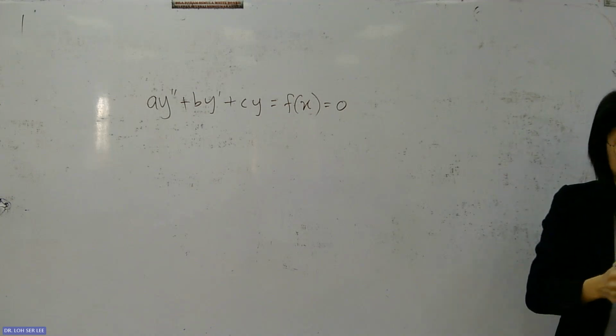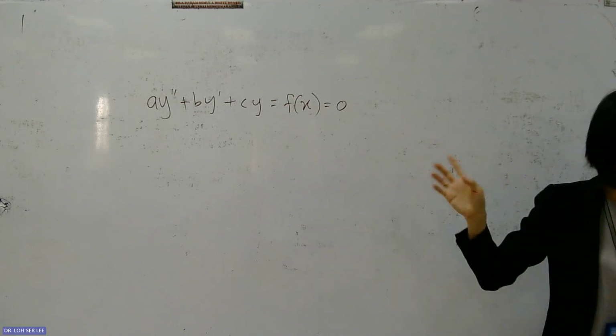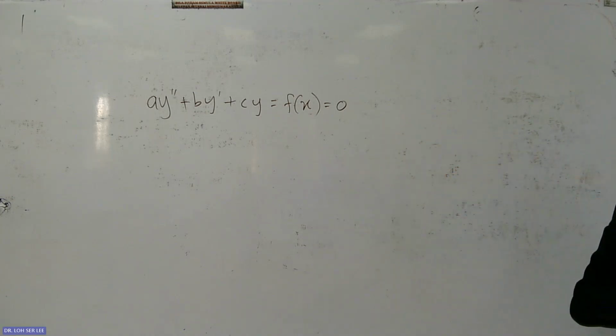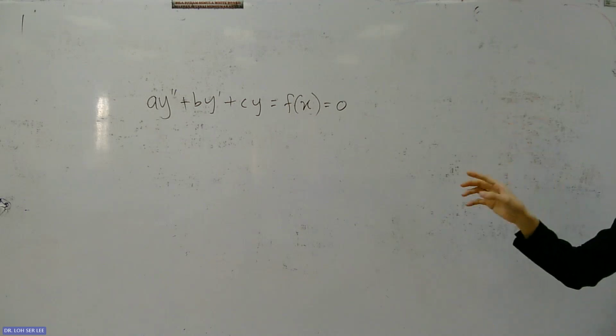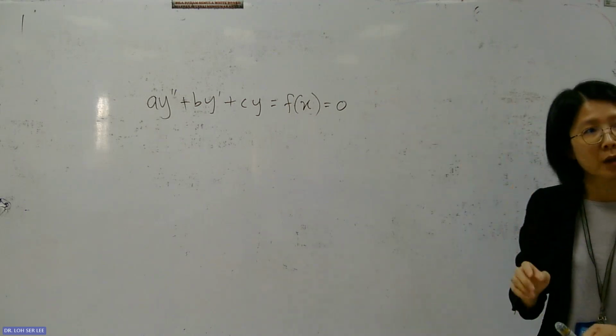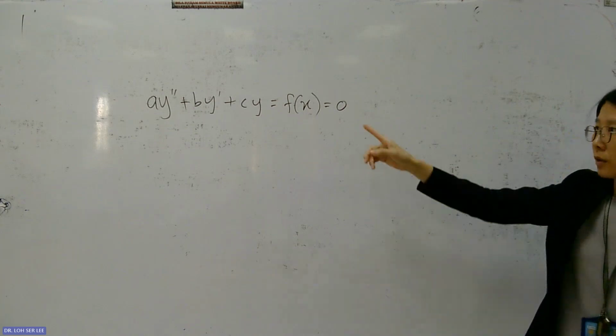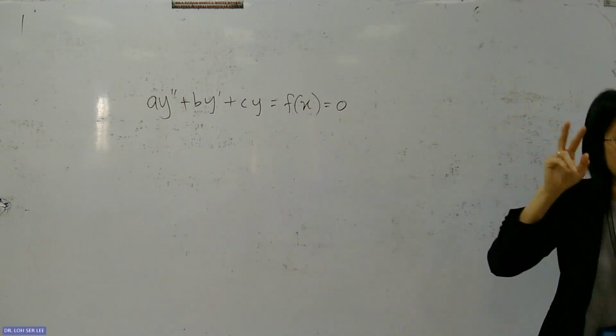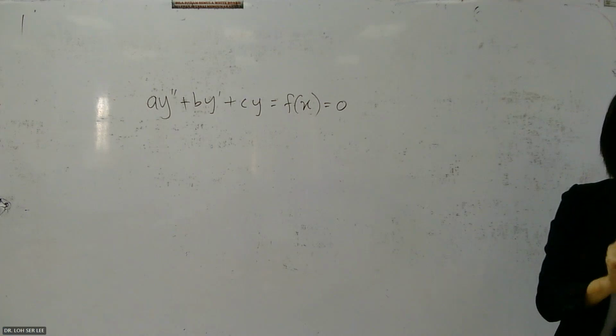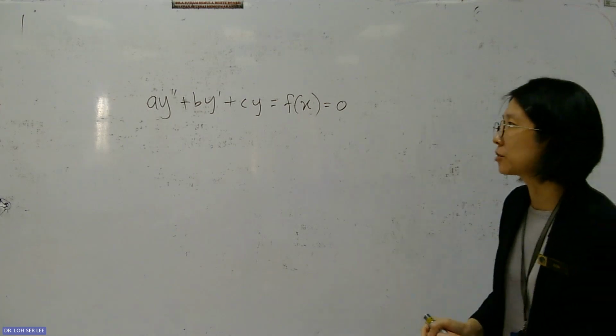Before you start to solve this, you have to know some basics about the solutions of this differential equation. A first order differential equation has one solution. A second order differential equation has two linearly independent solutions.